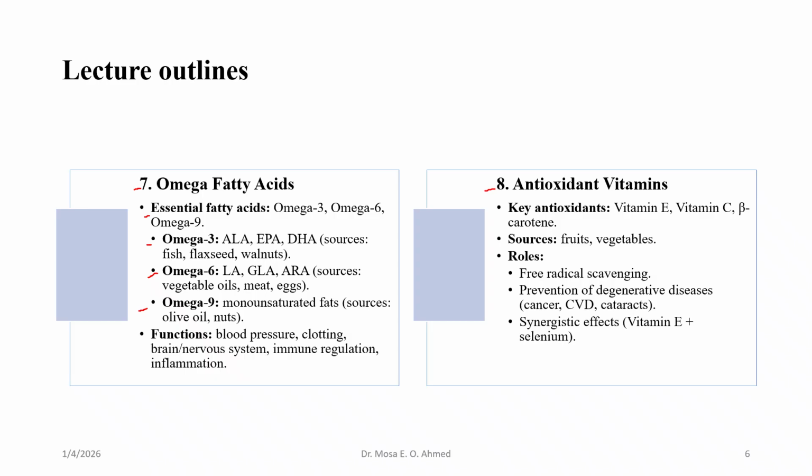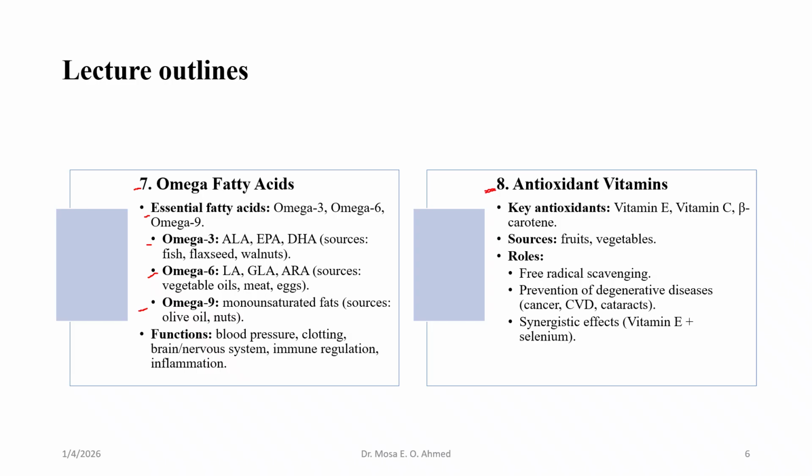The antioxidant vitamins are the 8th outline of this lecture. Examples of key antioxidant vitamins are vitamin E, vitamin C, and beta carotene.